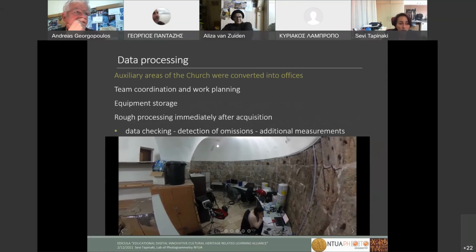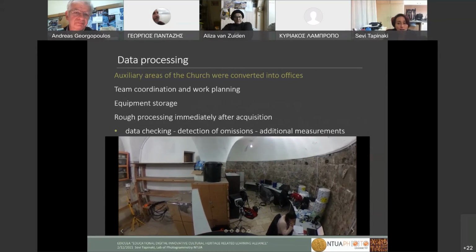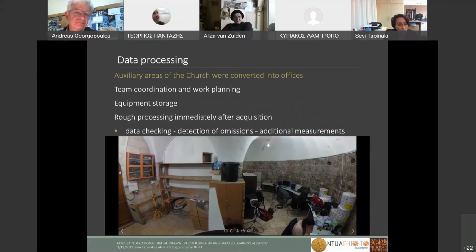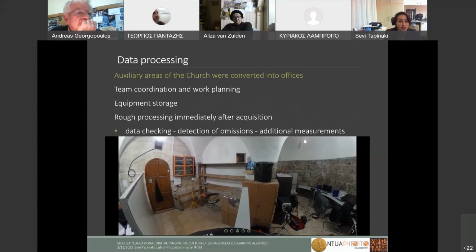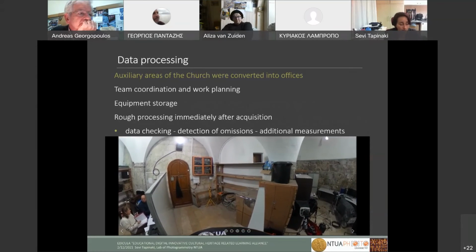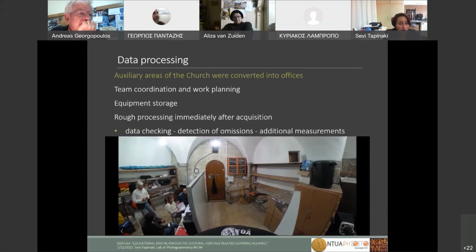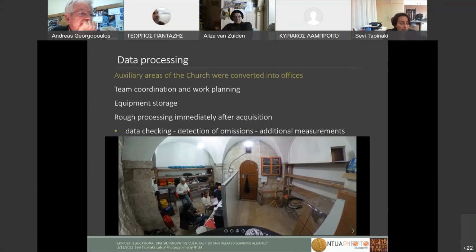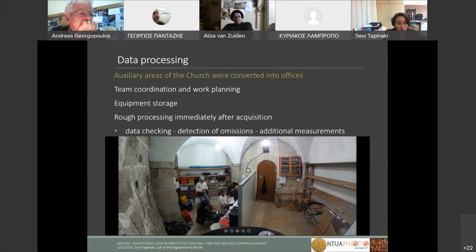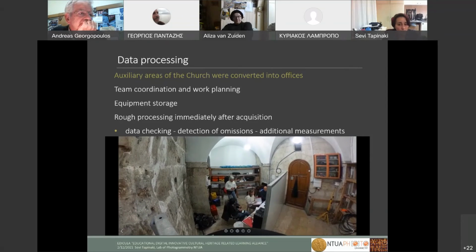Some auxiliary areas of the Church of the Resurrection were converted into offices that we used for team coordination, work planning, equipment storage, and of course the rough data processing that was necessary, mainly for checking the data that we acquired and detecting any omission, and of course to make additional measurements where necessary. The final and proper data processing was done after returning to Greece.